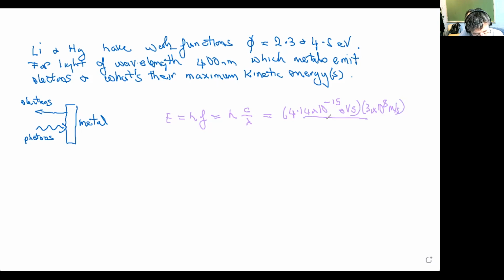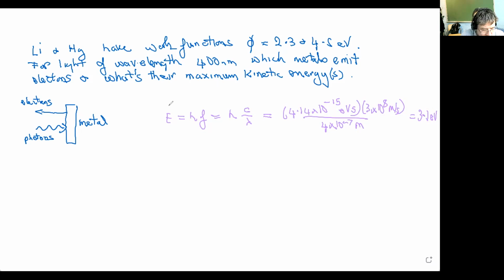And then the wavelength of the light, that's 400 nanometers, which is 4 times 10 to the minus 7 meters. Plug that in. And if I go ahead and calculate, I get 3.1 electron volts. And so that's the energy of a photon for light with a wavelength of 400 nanometers.